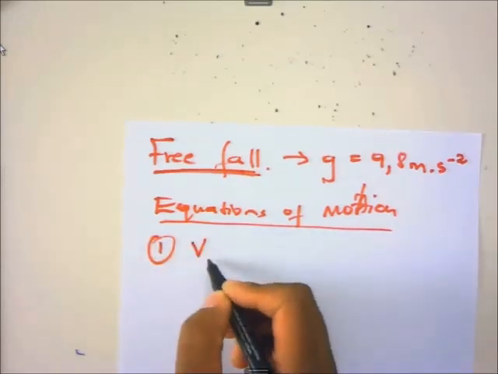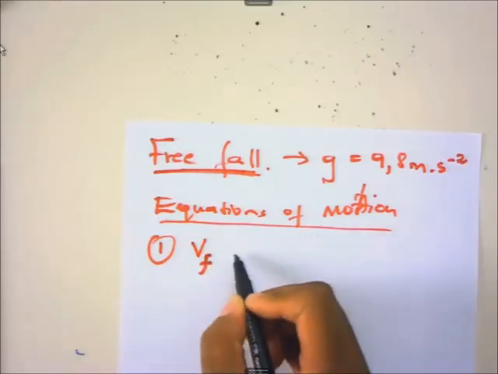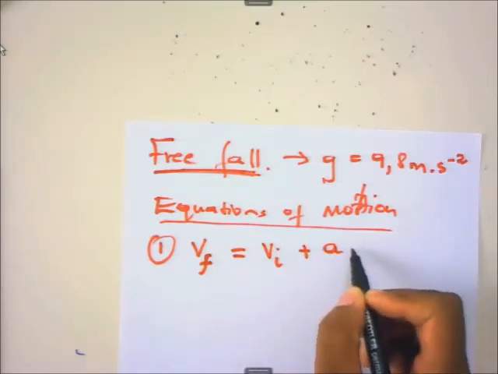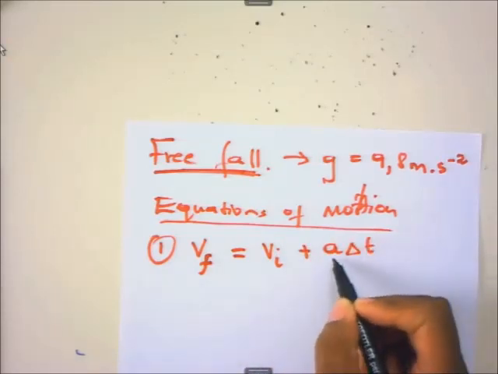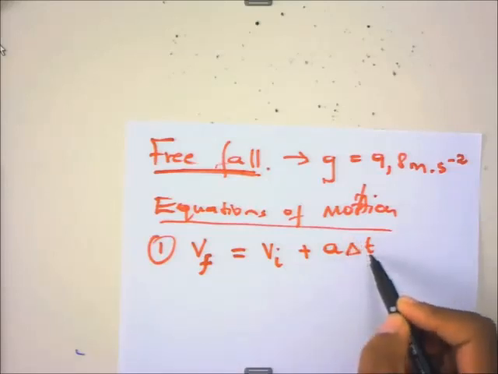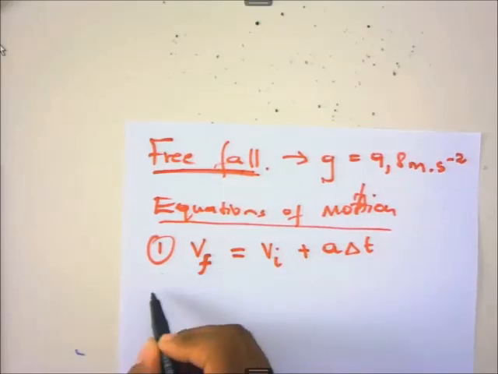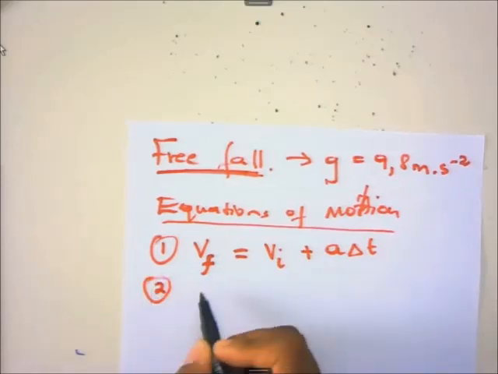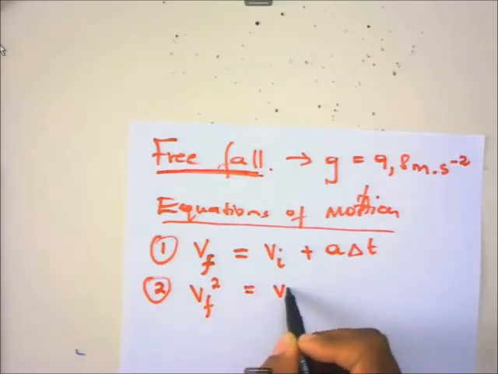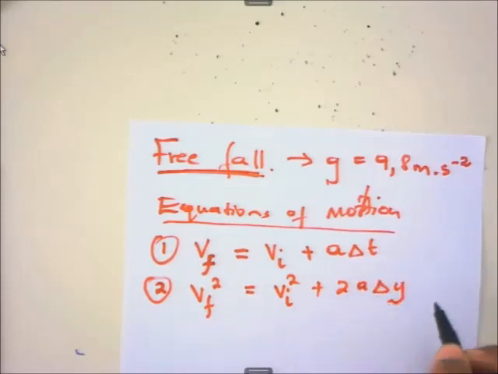The first one will be VF. VF stands for the final velocity, is equal to VI plus A delta t, whereby we know that A is acceleration and it is constant, and delta t stands for time. VI is initial velocity, VF is final velocity. And the second one is VF squared is equal to VI squared plus 2A delta y.